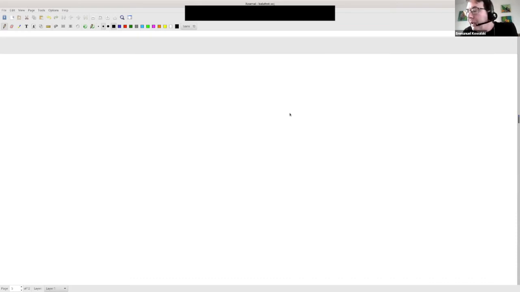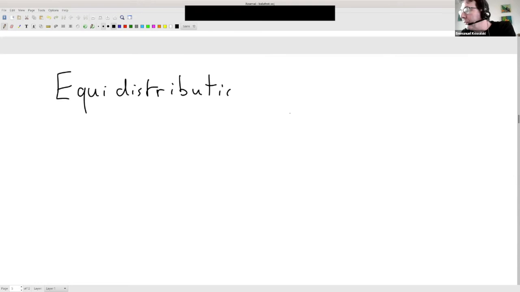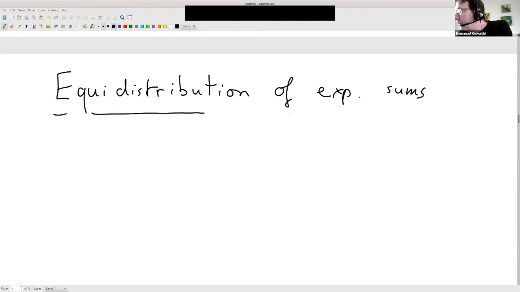Okay, so now having introduced the three characters, exponential sums, Sidon sets, and Tannakian categories, let me talk about the equidistribution of exponential sums. Because in the end, this is the kind of statement we're going to want to prove.